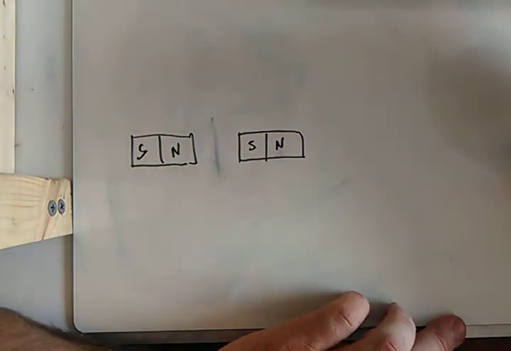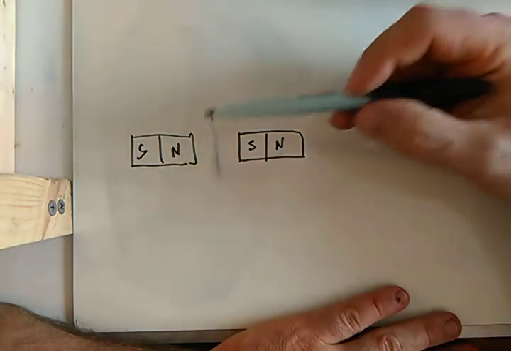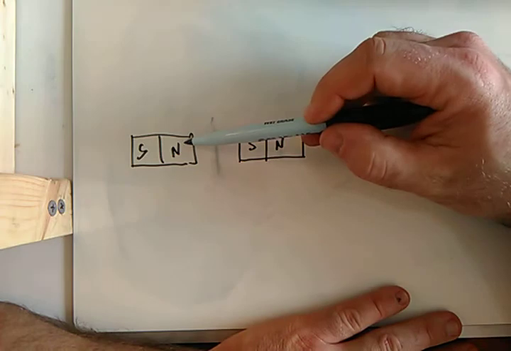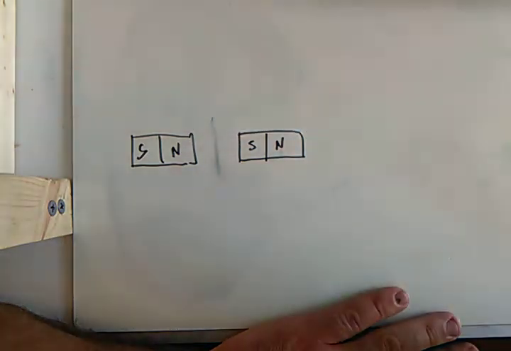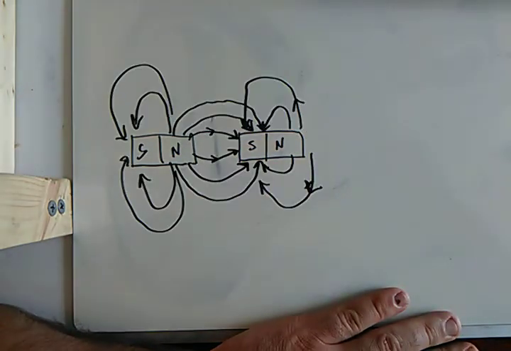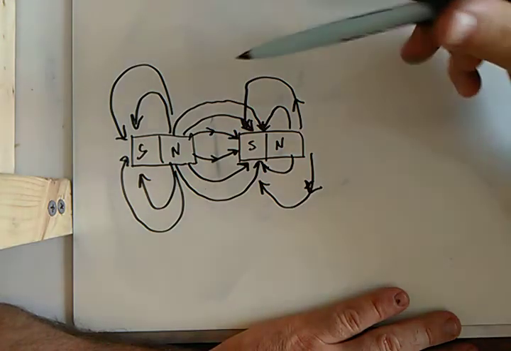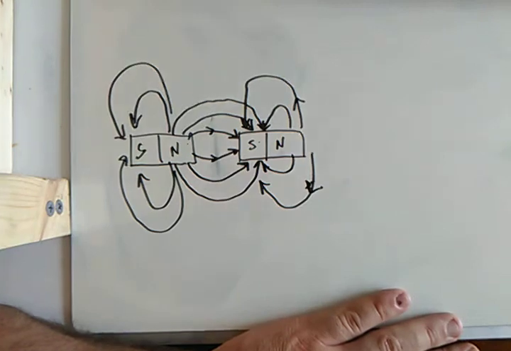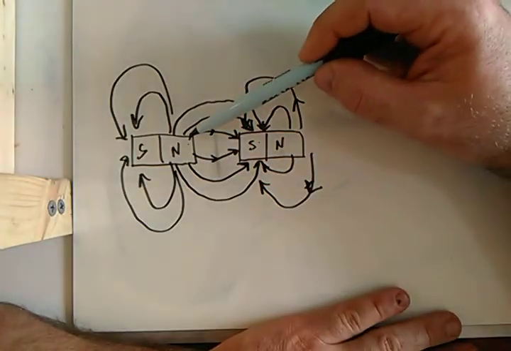Now, if I get a magnet and I turn it around where the South Pole is facing the North Pole, a different thing happens. What happens is the North is attracted to the South, so that magnetic field will look like this.